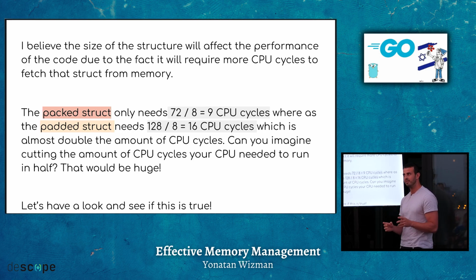That's very significant. The more CPU cycles, the more time it will take. We're talking about almost double the amount of CPU cycles to fetch the same structure with the same fields.